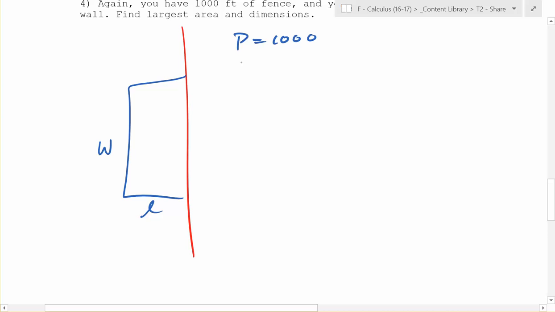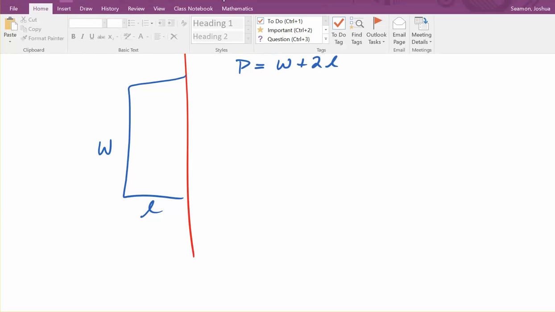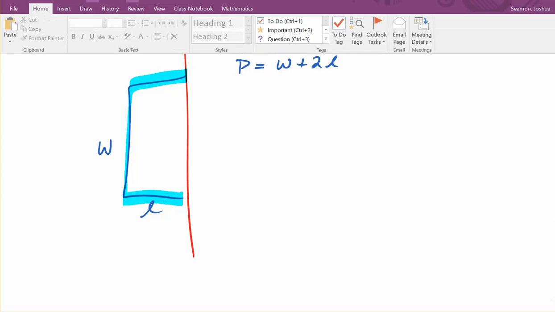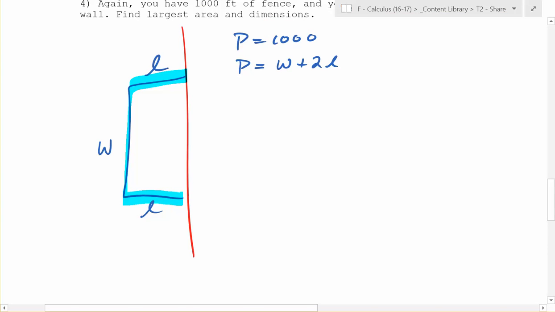But in this case, because the wall is free, we know the perimeter is now equal to what? W plus 2L. Here's the fence. How many L's is that? 2 of them, and how many W's? 1. There's only one width now, right? Because you don't need the other one.